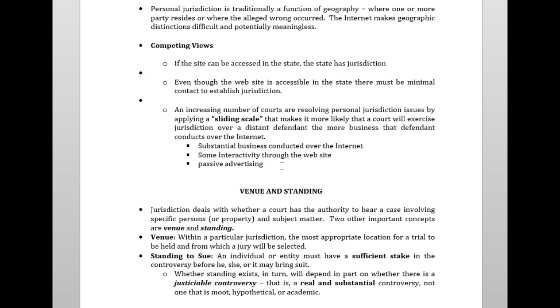If the website is just simply doing passive advertising and there is no sales being done via the website, then the jurisdiction is going to lie where the company's main headquarters are. But as you move out, see the sliding scale, it gets further and further out, where you could file a suit in Minnesota for a company who's based, let's say, in Florida, that deals mainly on the internet. So that becomes a matter of judgment.